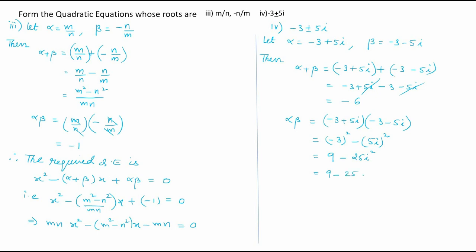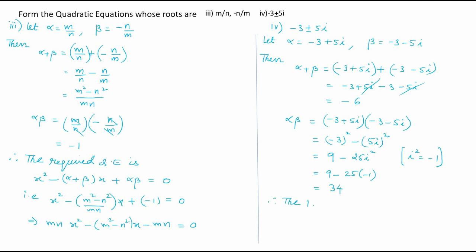Remember the value of iota square is minus 1. We can go through the complex number video in order to learn about iota square. So 9 minus into minus plus 25 will become 34.